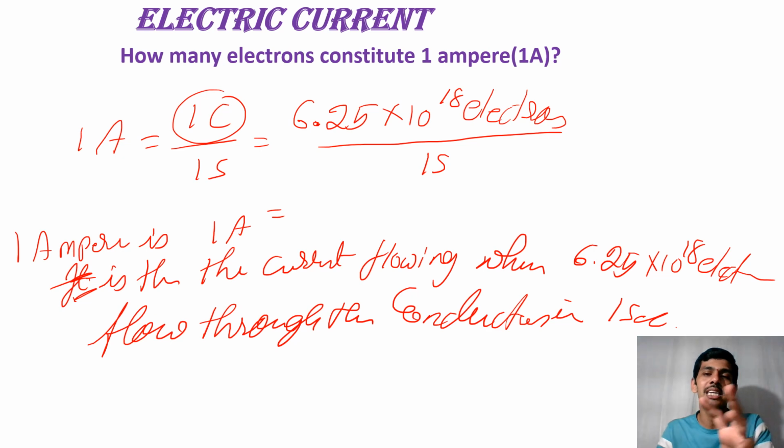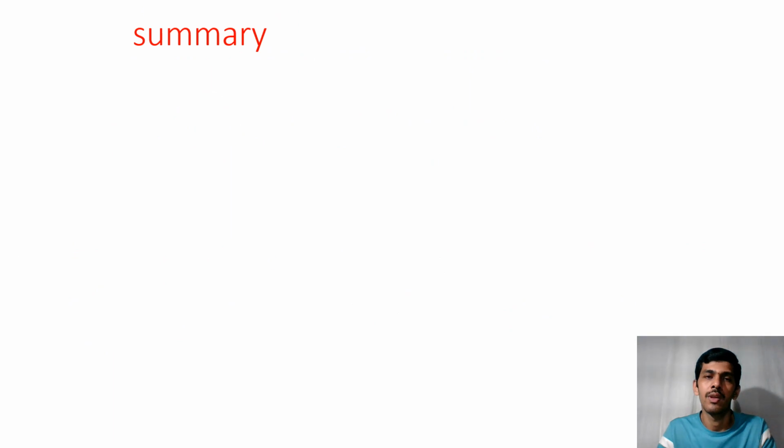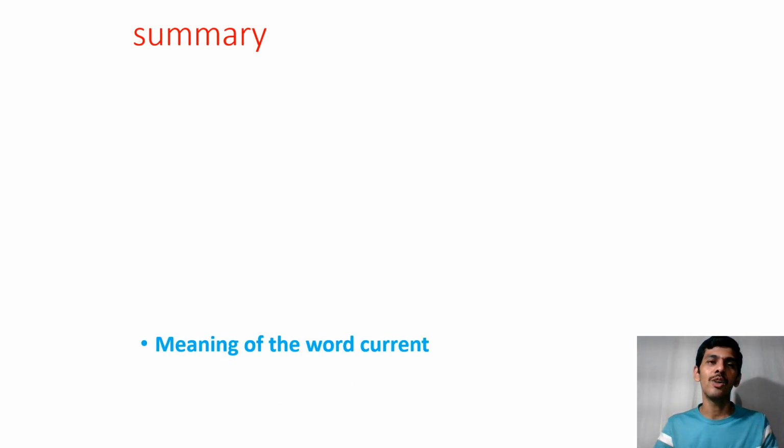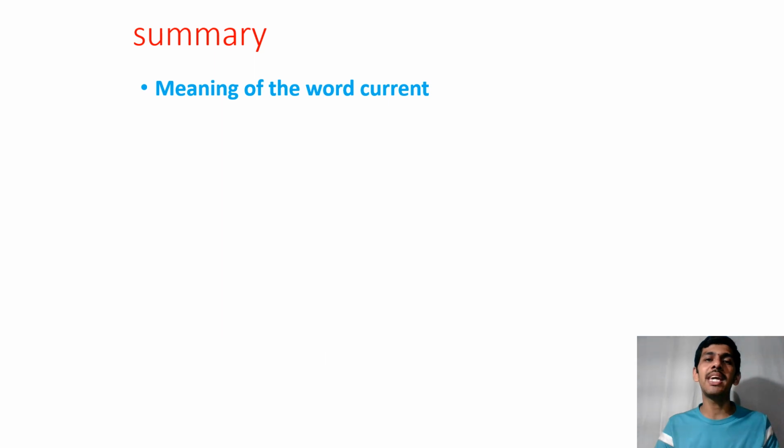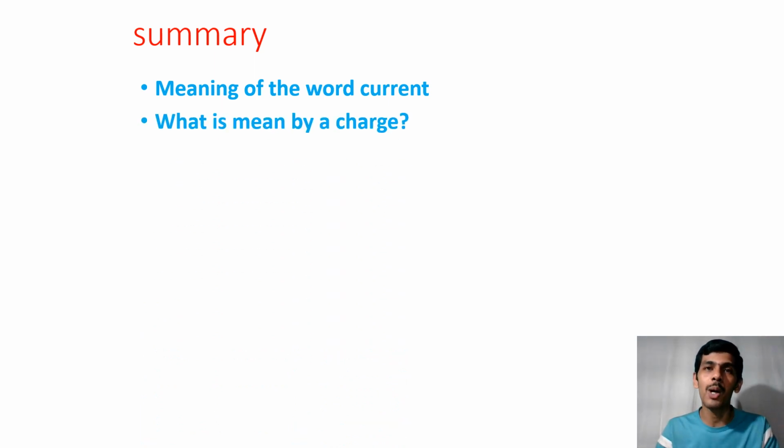So let us sum up the concepts which we have discussed in part 1 of this lesson. We have discussed the meaning of the word current. It is the flow of something. What is meant by a charge we have discussed. It is nothing but a property of every material.